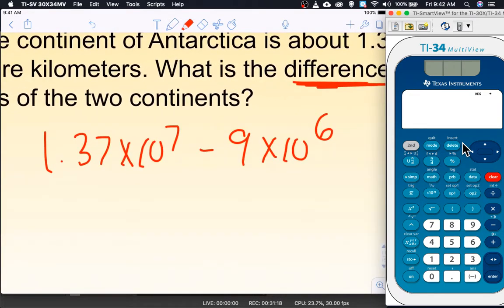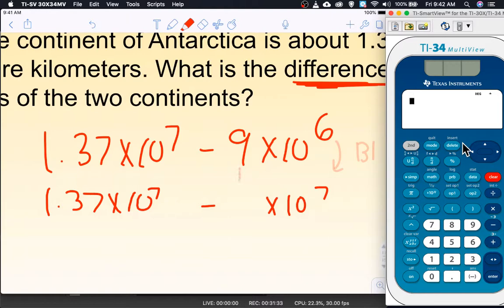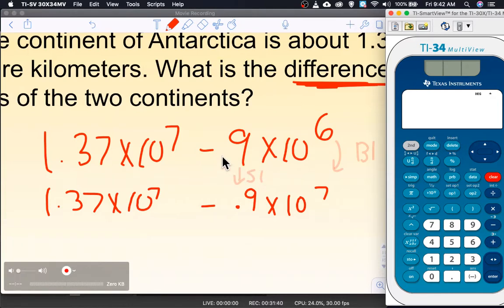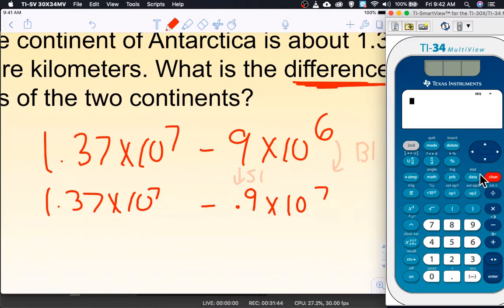I make the smaller number match the bigger number, so this is going to become a 10 to the 7th. To make that happen, my exponent got bigger by 1. This gets smaller by 1, which makes this a 0.9. That moved my decimal 1 place from 9 to 0.9. And now I can subtract.